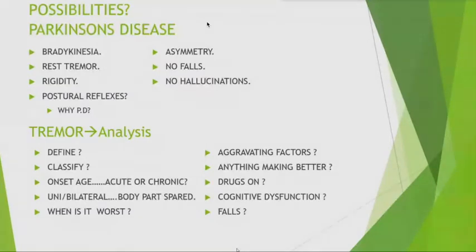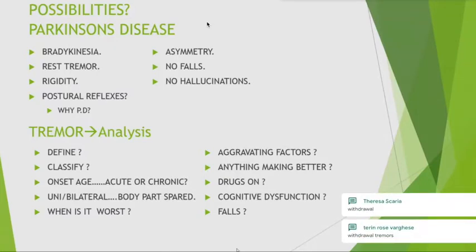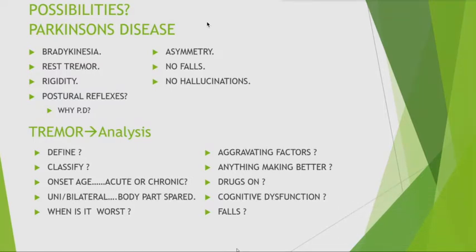What are the possibilities? It can be physiological tremor on alcohol, so it decreases with withdrawal. Withdrawal tremor can disappear when you take alcohol, that's true. And benign essential tremor also may improve with alcohol.